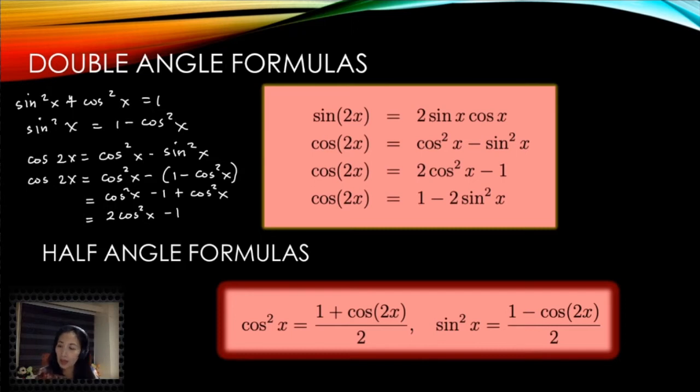Now, moving on to your half angle formulas. This time we have cosine squared x equal to 1 plus cosine 2x over 2. In fact, you can derive this from the previous. Since we don't have space, I will not show that anymore.